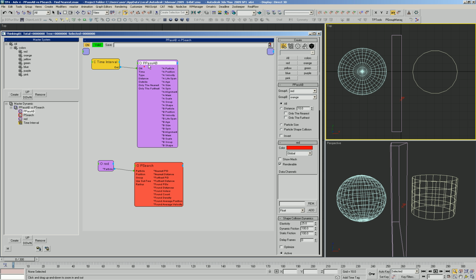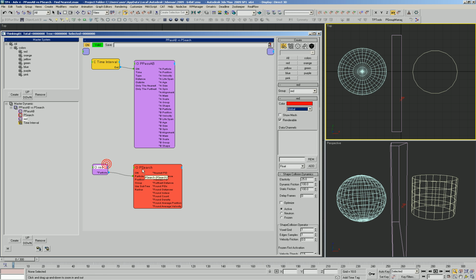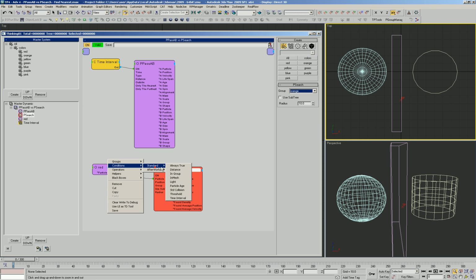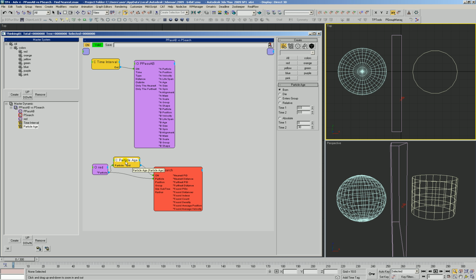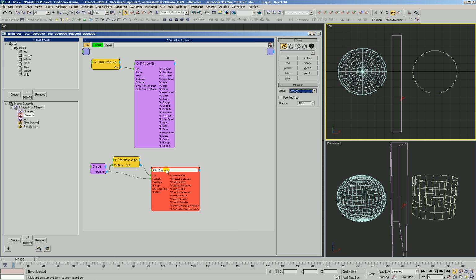So one of the nice alternatives to PPassAB is PSearch, and PSearch also has an on input here, so we can control when the search happens, say maybe at particle birth. So when the red particle is born, each and every red particle at birth is going to do a PSearch for orange particles within this radius.